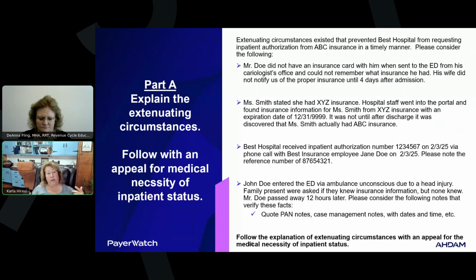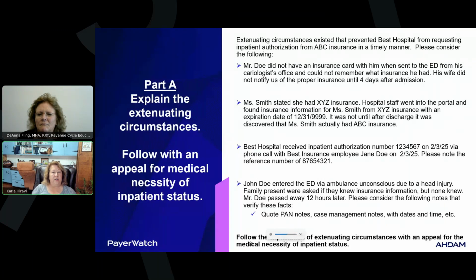Because the last thing we want is for them to understand the extenuating circumstances but say, well, too bad, so sad, medical necessity wasn't met. So try to head that off right at the start. Extenuating circumstances, follow it with a medical necessity appeal.